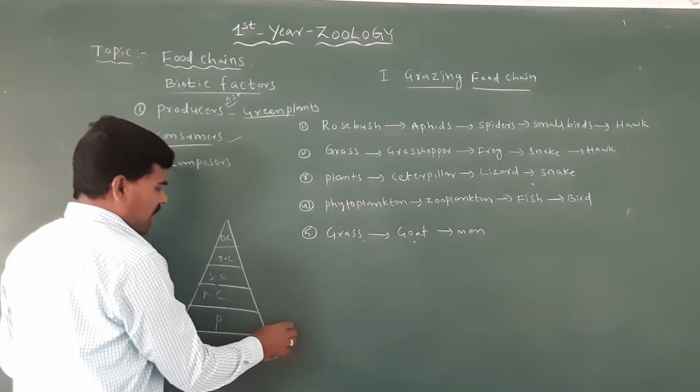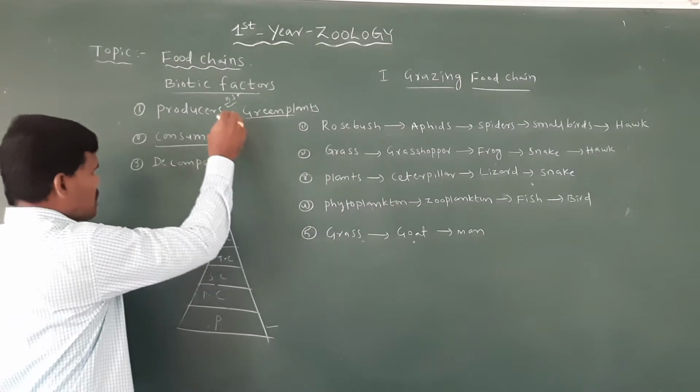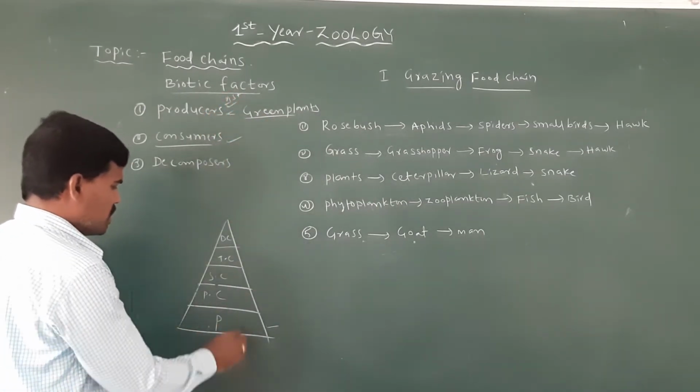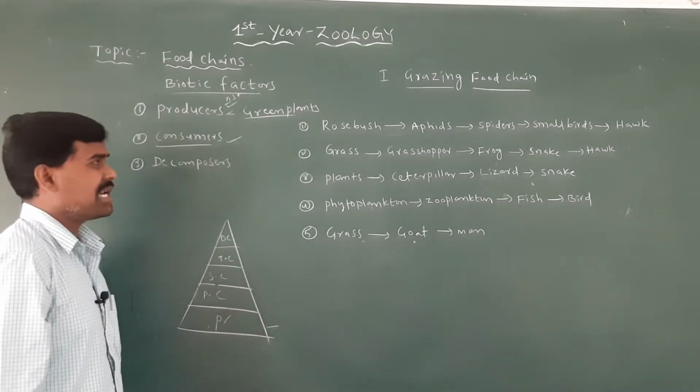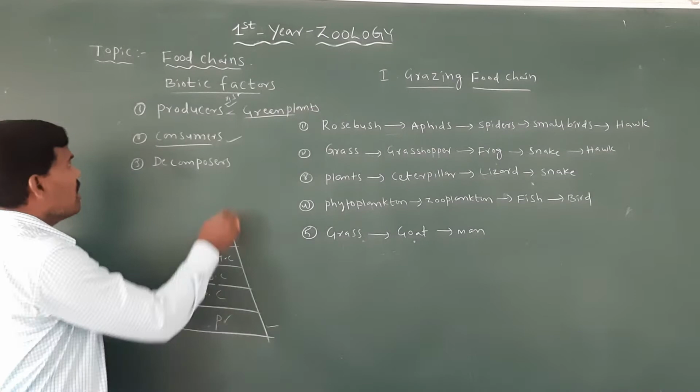The first trophic level is occupied by the producers, meaning green plants or grass.